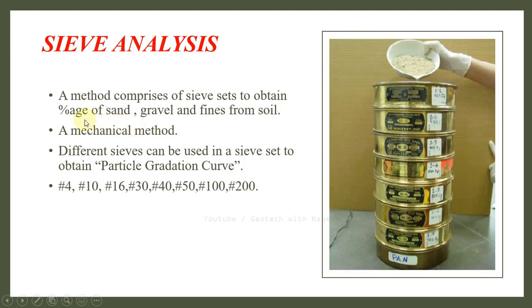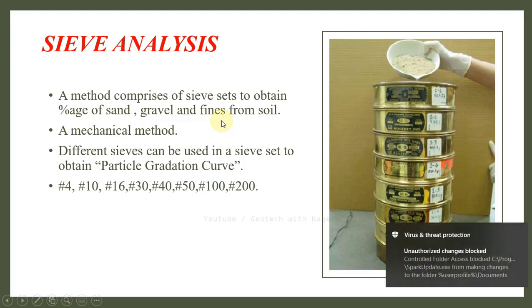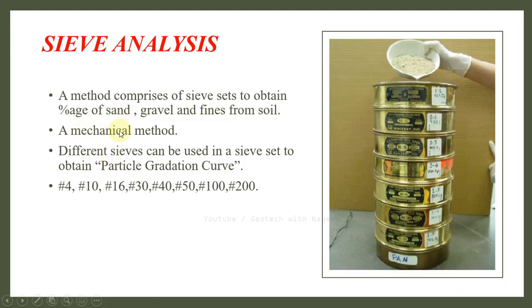From the sieve analysis we obtain the percentage of sand, gravel, and fines. So sieve analysis is basically used to classify coarse grained soil. It's a mechanical method, not an automatic one. Different sieves can be used in a sieve set to obtain the particle gradation curve, which we will briefly discuss later.